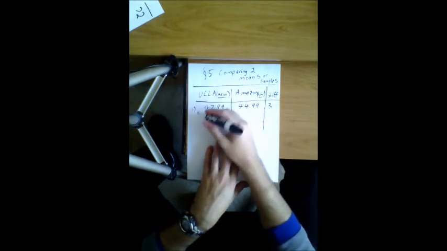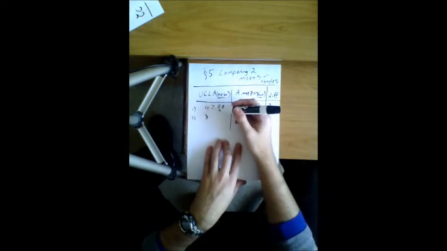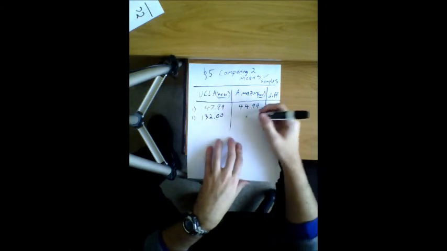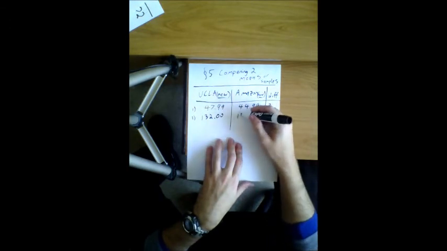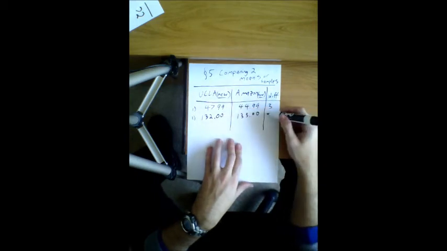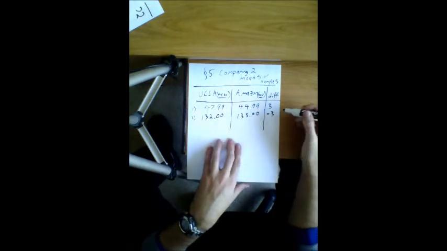So this would be our first book that we had done. Maybe the next one is $132. And maybe this time Amazon's a little bit pricier. Maybe it's $135. This one would be -3 because you're just taking UCLA minus the Amazon.